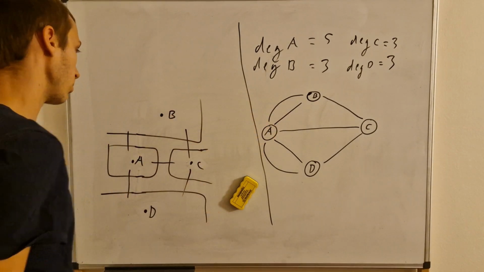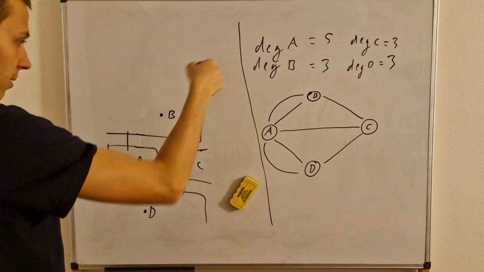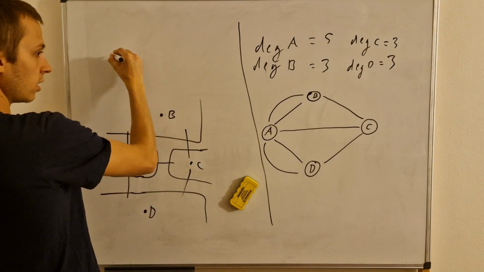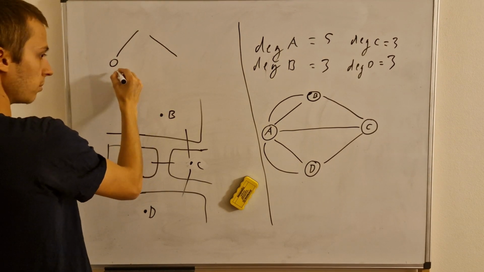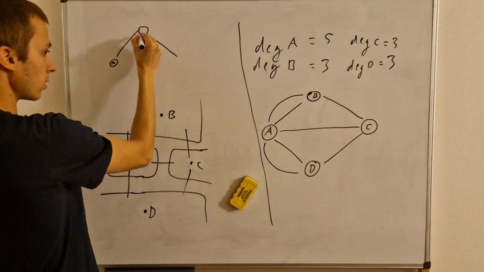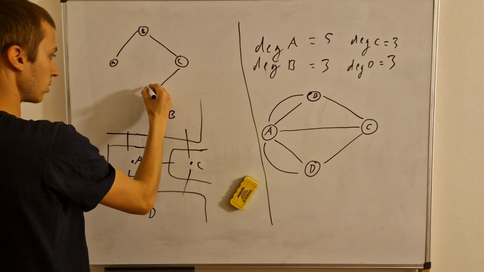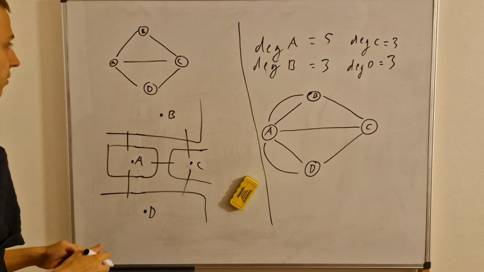Now the graph will be slightly different. It will be exactly the same one, but we'll have one less edge between A and D and between A and B, between both of those. So I can draw it like this. Alright, so now we have this.